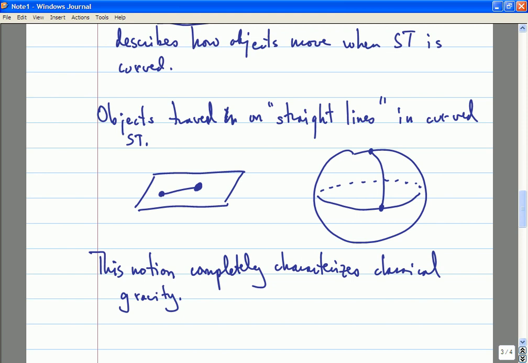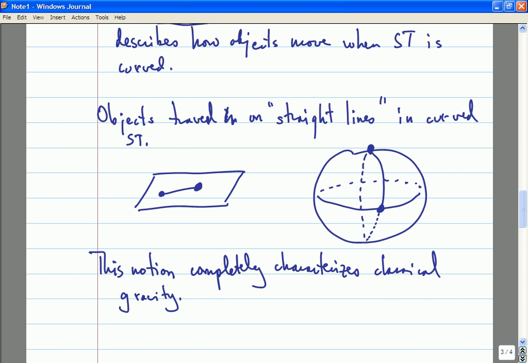For example, if I have the north pole of the sphere and a point on the equator of the sphere, there are in fact 2 geodesics, 2 straight lines which connect those points. One of which is the short one, and the other of which is the long one, which goes all the way around the backside of the sphere. So there is, in that sense, a notion that geodesics are not quite as unique in general relativity as they are in special relativity. That's just a feature of life in curved space.